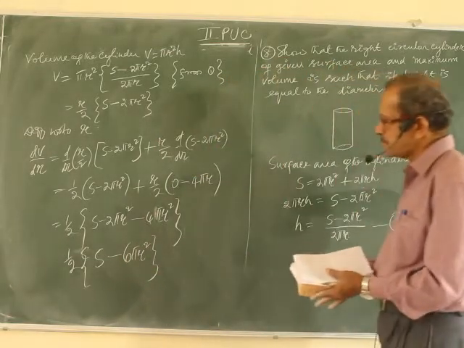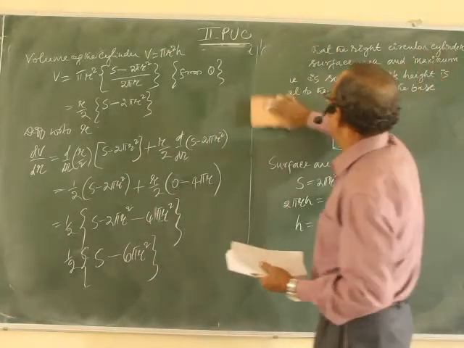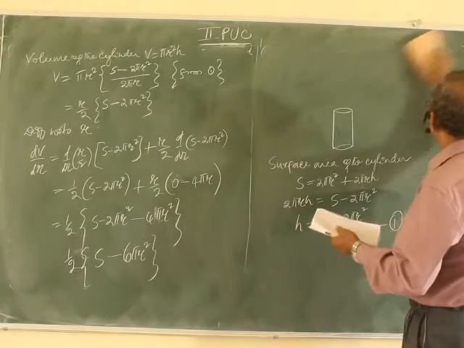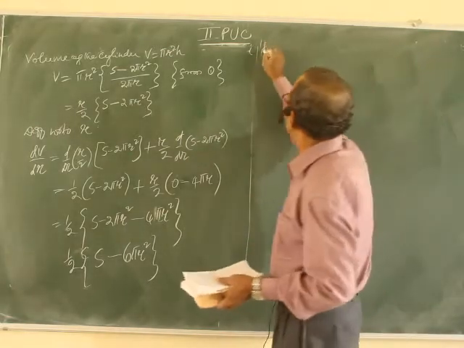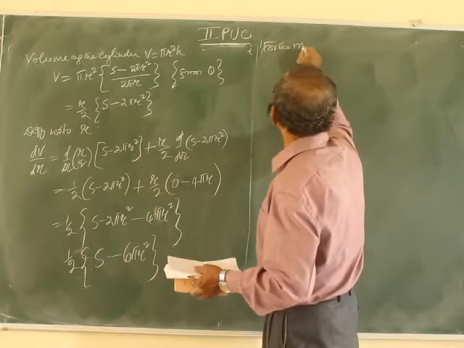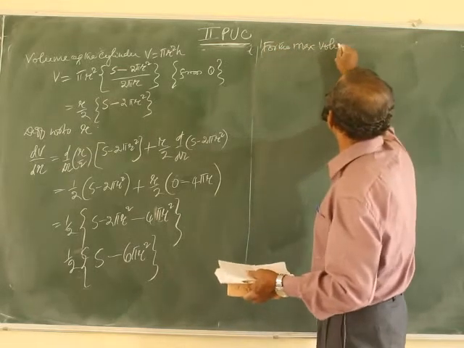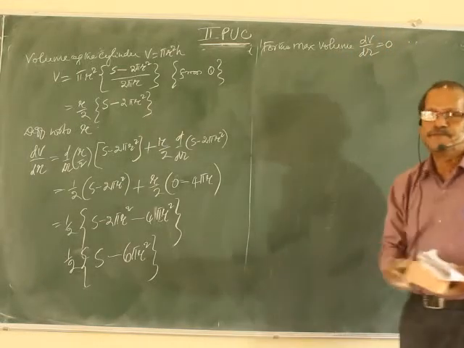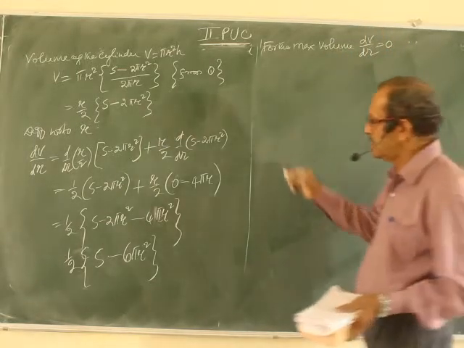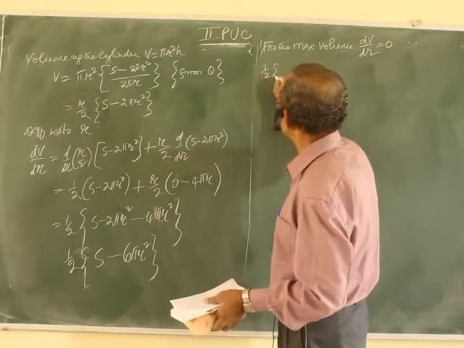For the maximum, now bring in that calculus, maxima, minima. For the maximum volume, dV by dr should be equal to 0. Or half into half, not necessary.